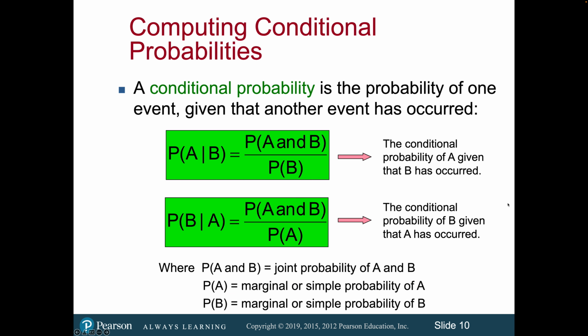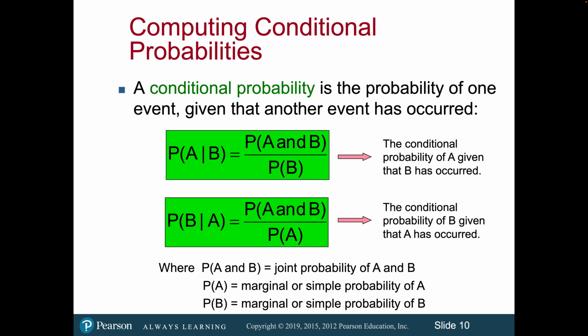Now, computing conditional probabilities is just a little more challenging, but still, if we have a basic understanding of how to calculate the probability of A and B and the probability of just a simple event, the probability of B, it turns out to be relatively straightforward when embedded into an example.